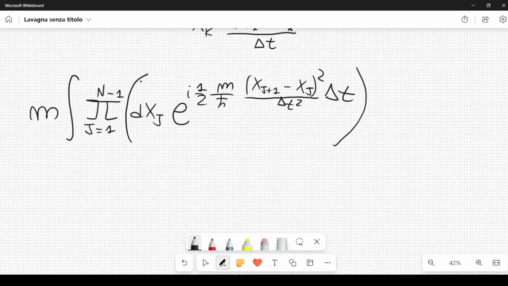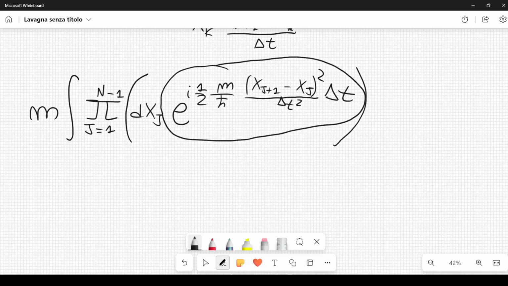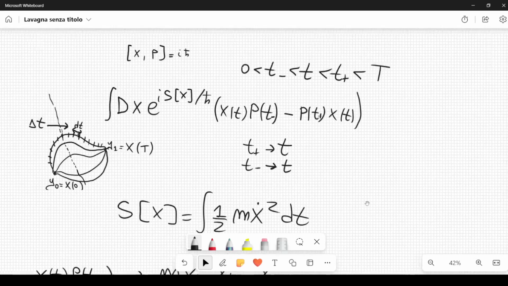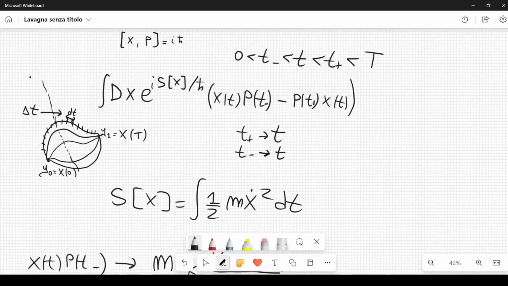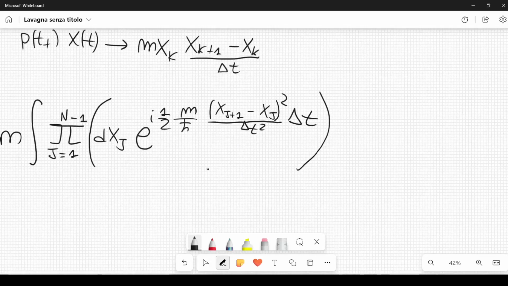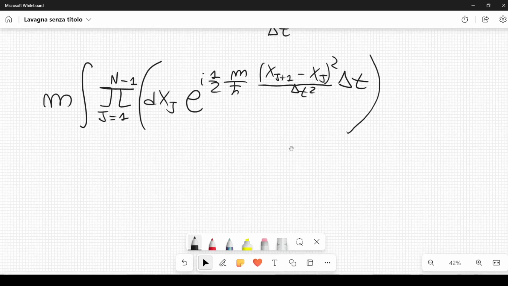When we take the product of all these exponentials, we get a sum inside the exponential. So we get back our original action, which when you discretize the integral is simply a discrete sum. Then we assume that when we let delta t go to 0, we get back our previous expression.